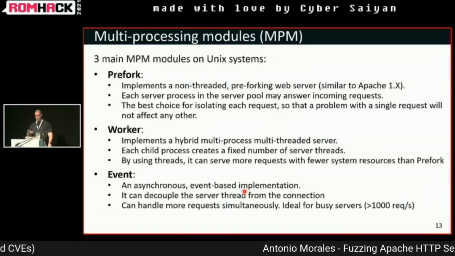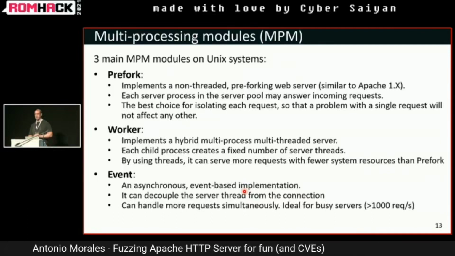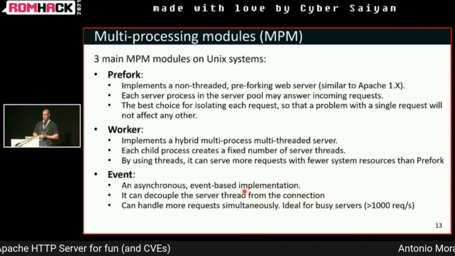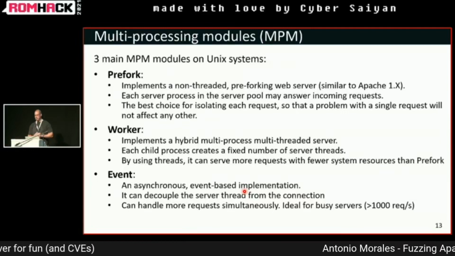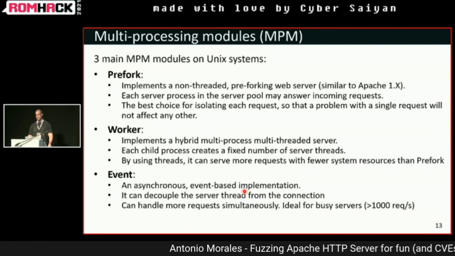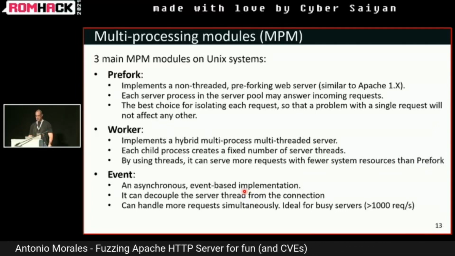Among these modules, we can differentiate three main MPMs on Unix systems. The first one is the prefork configuration that implements just a prefork web server without threads of any type.